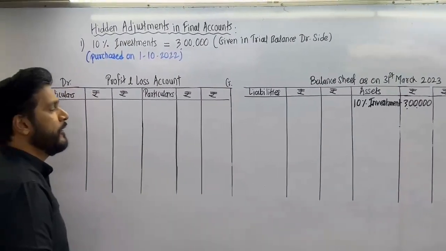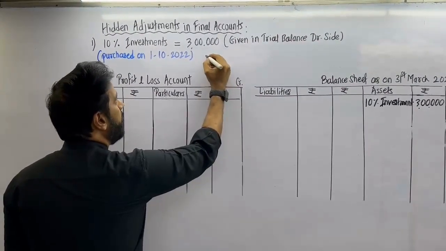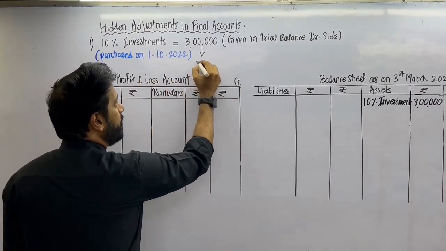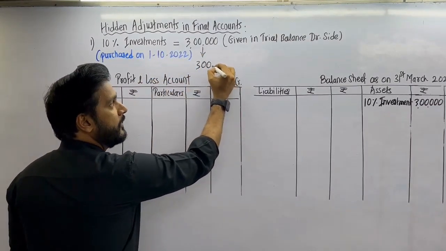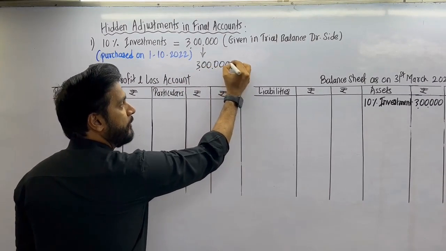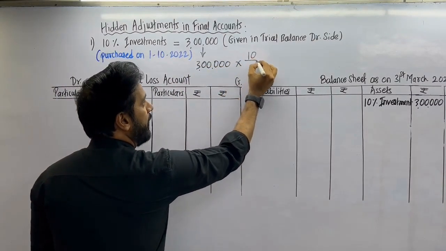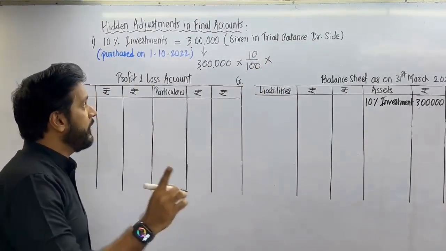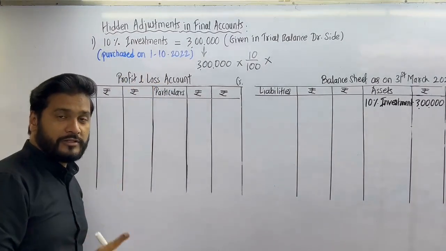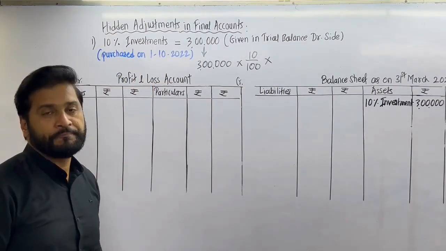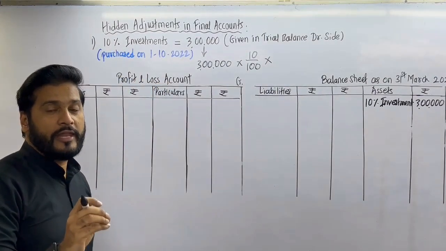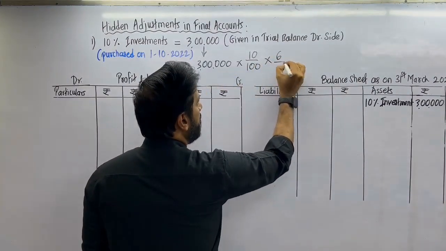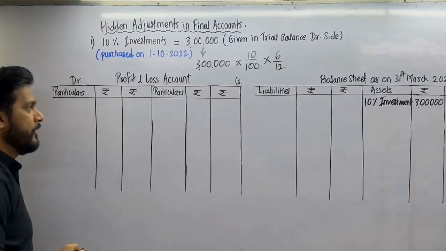Look at this. The 10% investment was purchased on 1st October, so the calculation will go like this: 3 lakhs into 10 on 100 into how many months? If it is purchased on 1st of October, it will be calculated for 6 months.